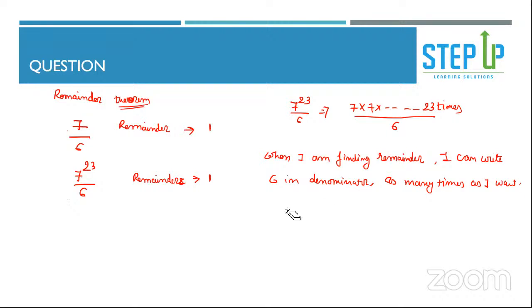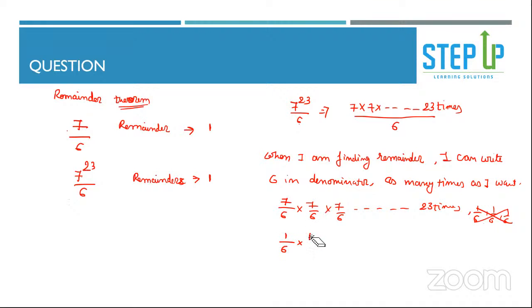So basically it is 7 by 6 into 7 by 6 into 7 by 6, and I can write it 23 times. I will not waste my time writing this out. When a single 7 is divided by 6, your remainder is 1.